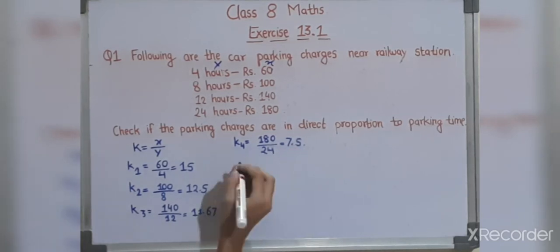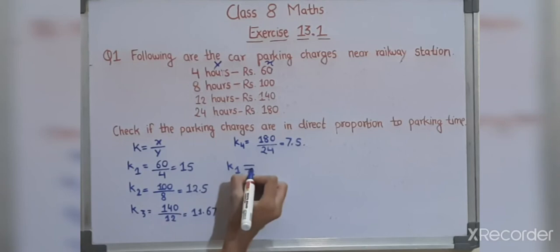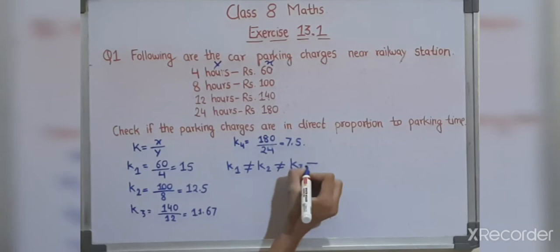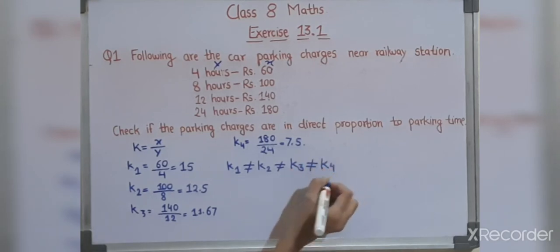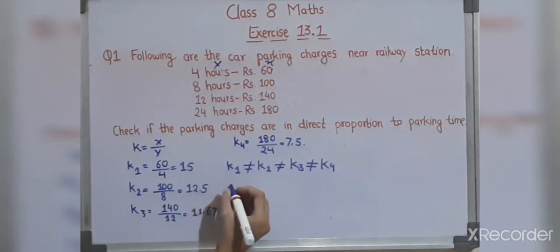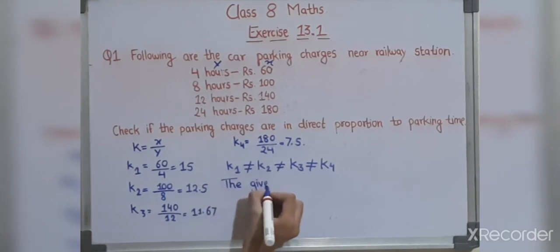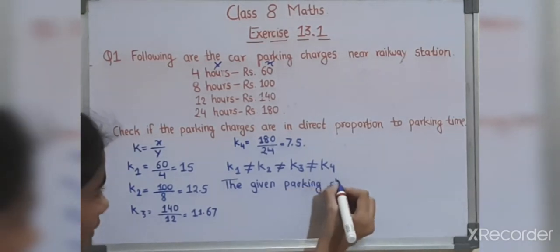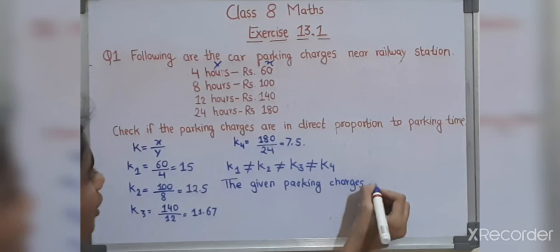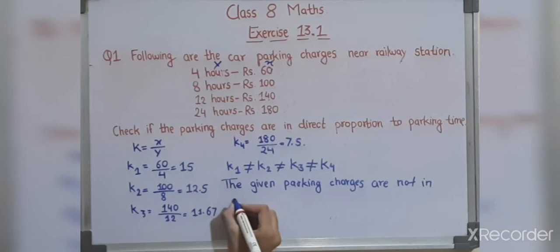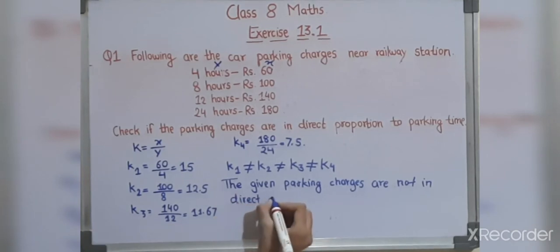So here we see that K1 is not equal to K2, K2 is not equal to K3, K3 is not equal to K4. It means that none of these K constants is equal to the other. So here we can say that the given parking charges are not in direct proportion to the parking time.